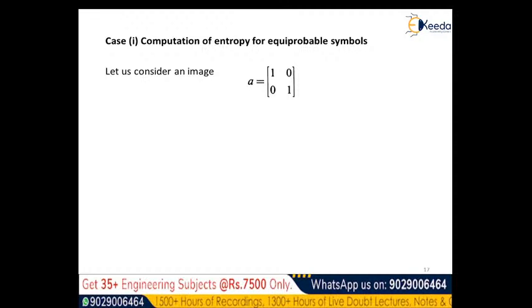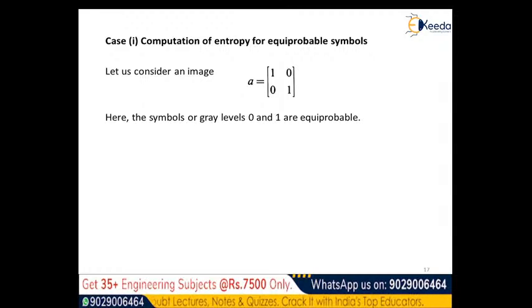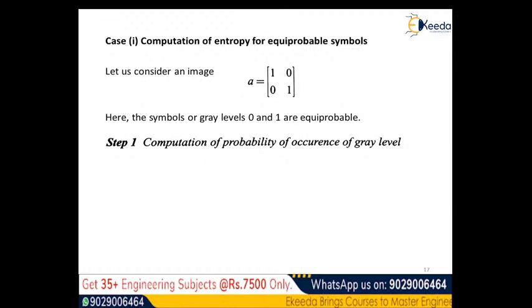So now the symbols or the gray levels are only two. You see in this representation, we have either 1 or 0. Again we shall follow two steps. The first step is to compute the probability of occurrence of the gray levels, and the second step is to apply the entropy formulation, substituting these probabilities.